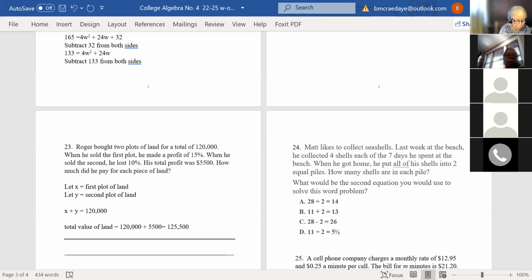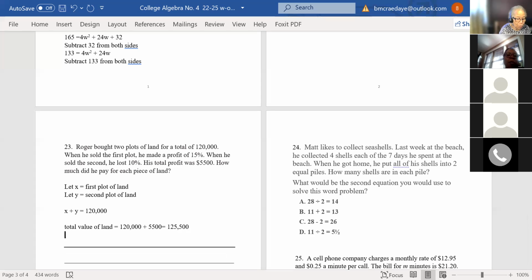Okay, now we know what his total profit was, and we know it came from 15% on the first piece and a loss of 10% on the second piece.